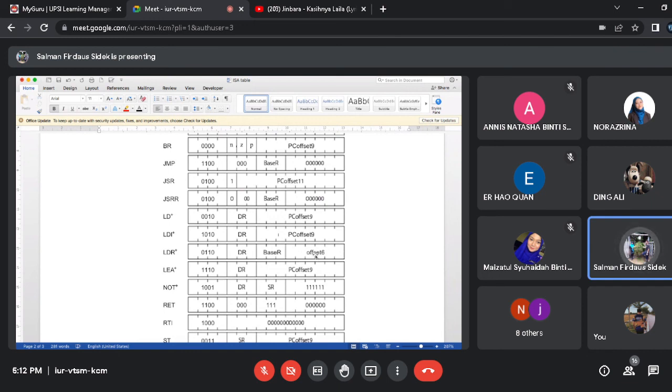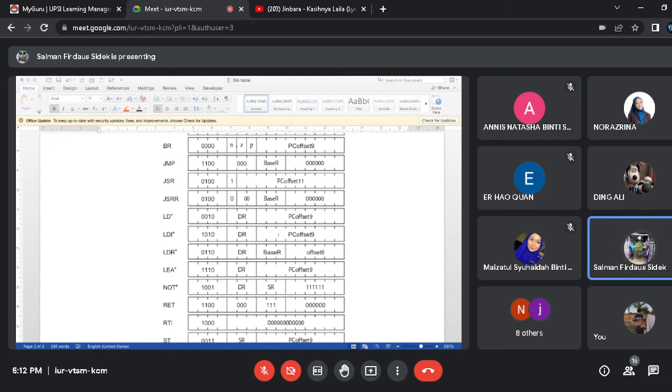How to interpret this instruction is already in the notes, don't worry. Add the value of offset 6, which is 000110, that is 4 plus 2, if you remember the sequence 1, 2, 4, 8, 16, 32 that I asked you to remember early this semester. So 000110 means 6.